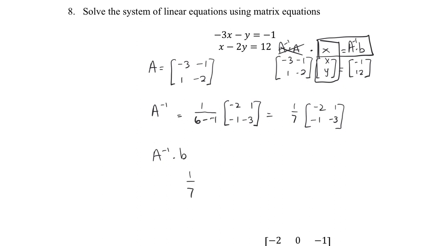So we have 1/7. So that's the inverse of A. We're going to multiply that by this matrix -1, 12.